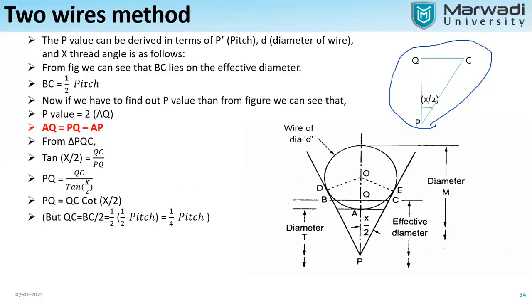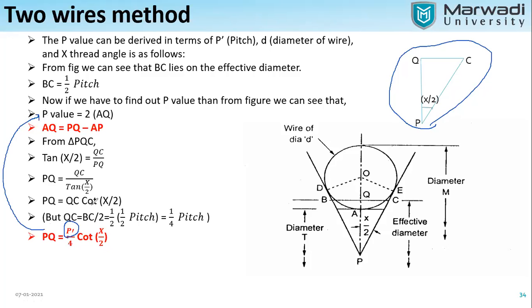Here the answer of QC is 1 by 4th of the circular pitch. Actually we are going to find out a distance P, so this P dash is the pitch distance, and that's why it is denoted by P dash, as we have to keep it separate from the P value that we have to find out.